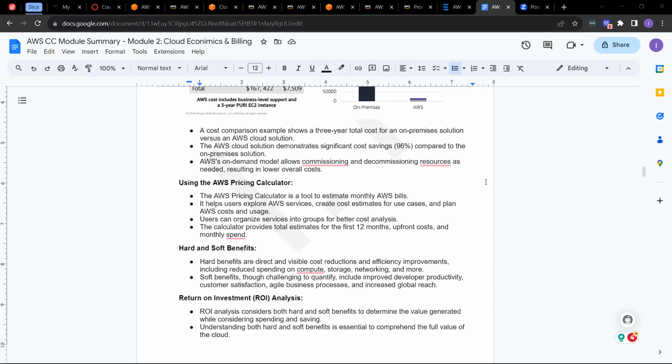It can't tell you that you are likely to use this in April or May or June, but the cost explorer will give you that. So for me, if you see forecasts over time, that would be cost explorer. If it doesn't mention overtime forecast, then you look at the pricing calculator. Okay.